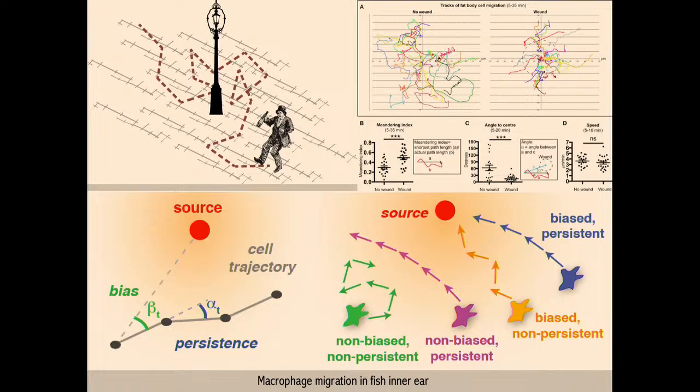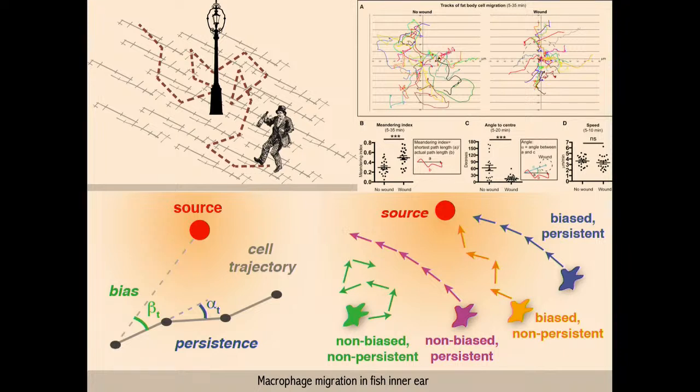So if you look at what that cell does in response to a wound, actually you'll see that it follows a trajectory that's a little different from this drunken guy's random walk.